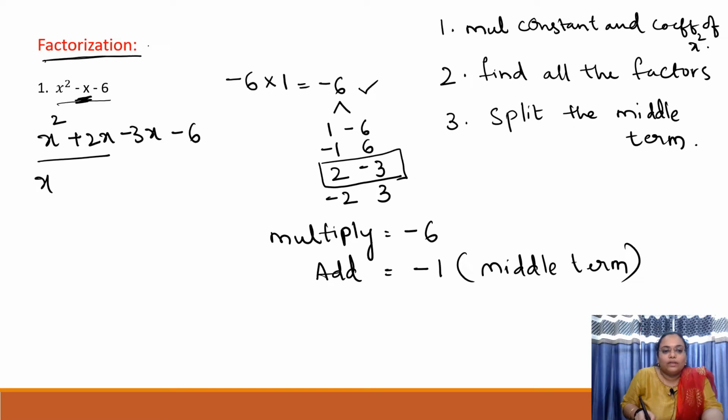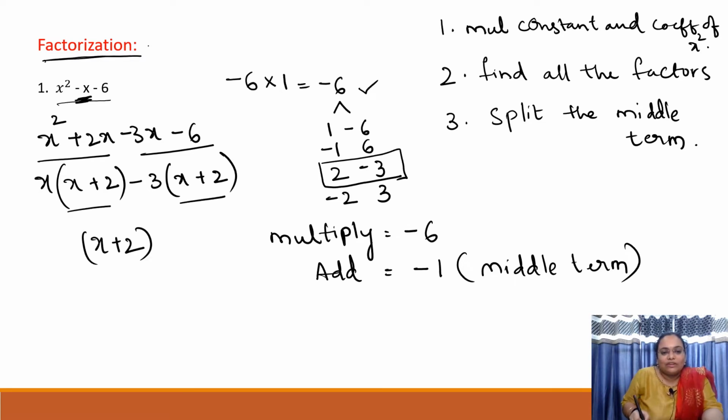From the first two terms, if you take x common, that will be x + 2. And from the next two terms, if you take −3 common, that will be x + 2. Yes, x + 2 and x + 2 are common. So the factors are x + 2 and x − 3.